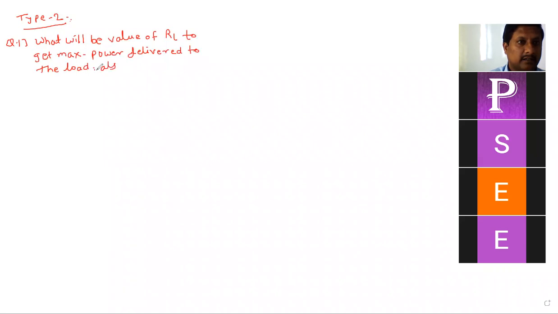And also find PL max. Same question is there, the different wordings they are going to use. RL's value, find out current and PL max.